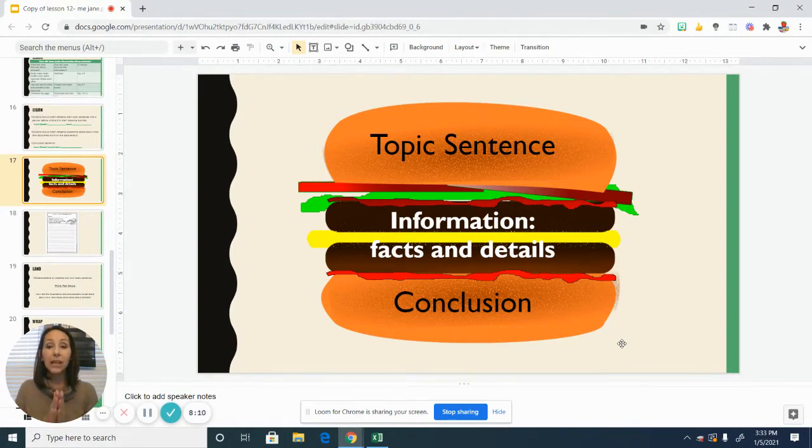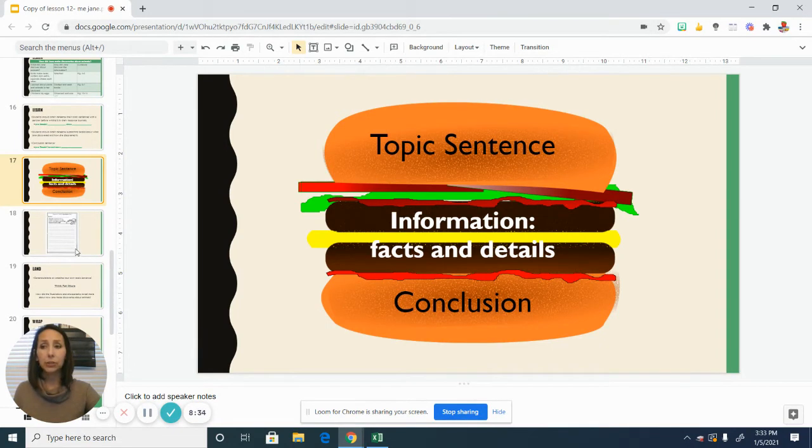So now let's walk through the steps, the different parts of the topic sentence, facts and details, and the conclusion. So for our topic sentence, as we remember, the job of the topic sentence, I should say, is to catch the reader's attention and tell them what the paragraph is going to be telling them about.